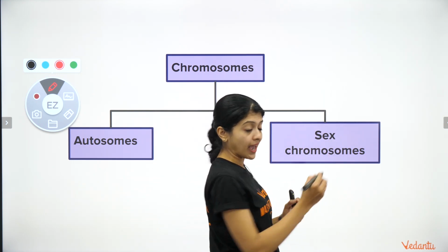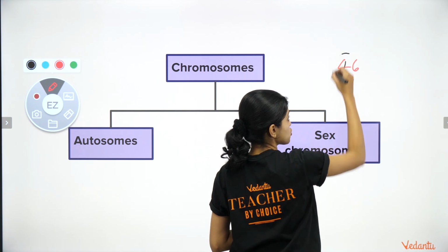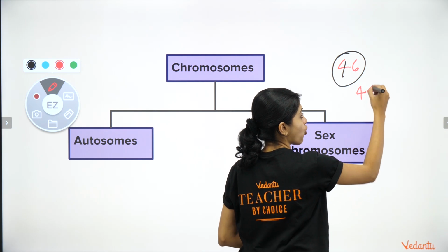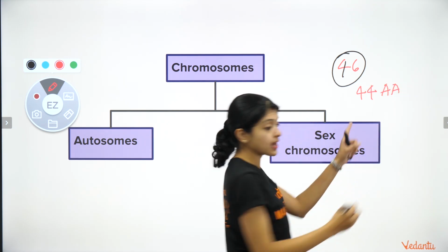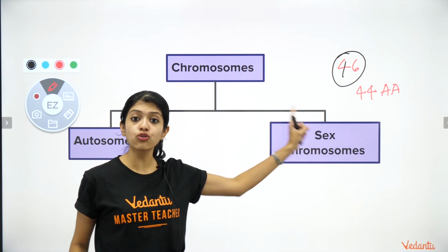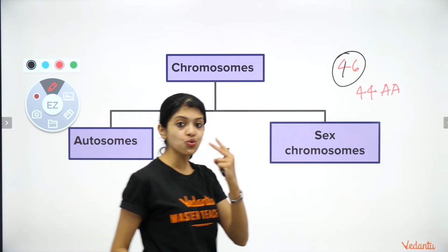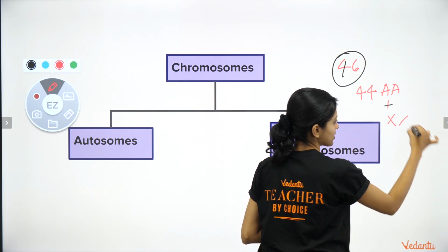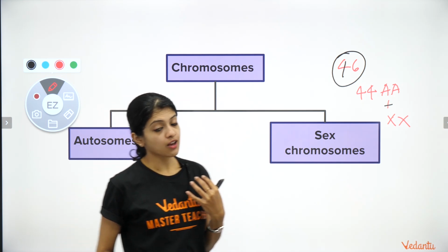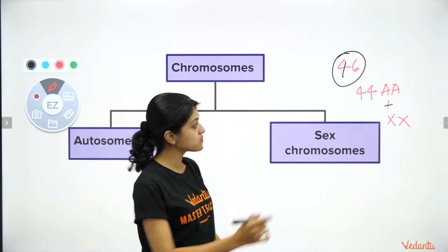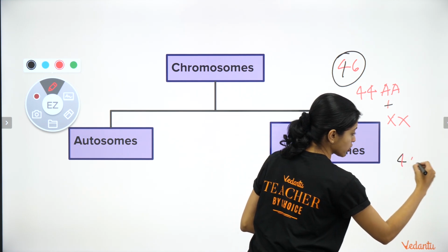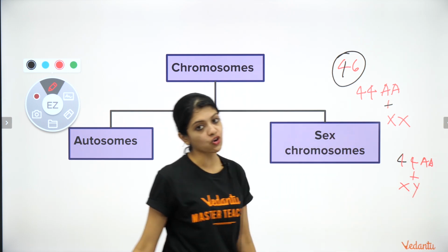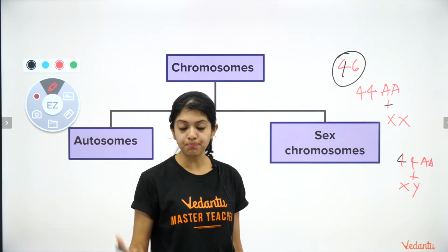So basically, the easier way to understand is knowing what the sex chromosomes are, because a typical human cell has 23 pairs or 46 chromosomes in all, out of which we have 44 autosomes, which we typically represent like this, 44AA, and 2 X chromosomes. Now this is in my case, because for females it will be 2 X chromosomes, and in the case of males it would be 44 autosomes and an X and a Y chromosome in a typical diploid cell.